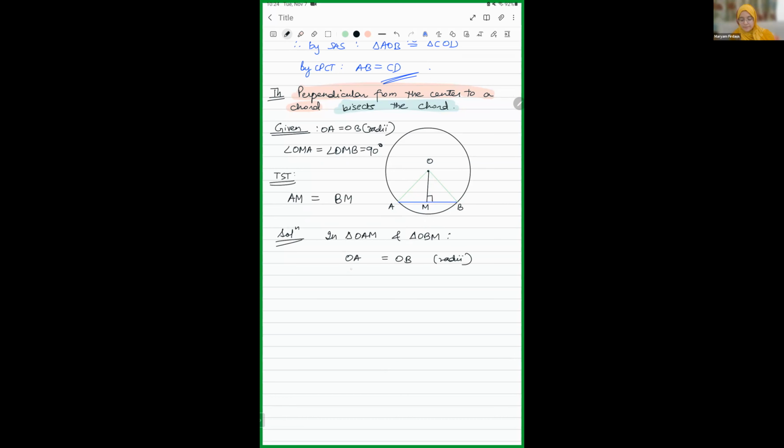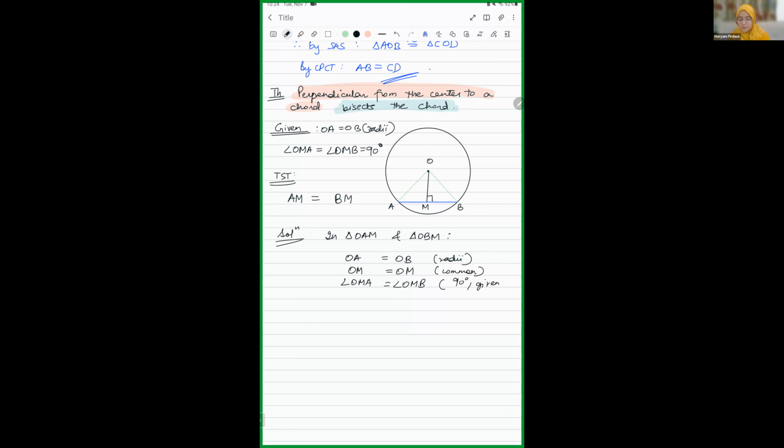OM is equal to OM, because common. And then angle OMA is equal to angle OMB, because it is 90 degrees, given.